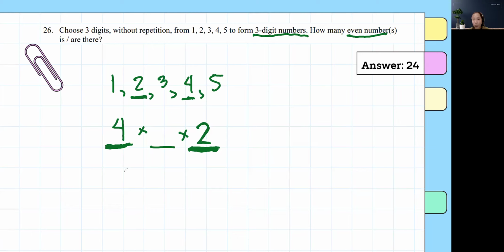That's why we've placed 4. Now, since we've used two numbers already for the hundreds digit and the units digit, we only have 3 digits left for this one. So that's 4 times 3, 12, times 2, that's 24. That's how we get our answer for number 26. Okay?